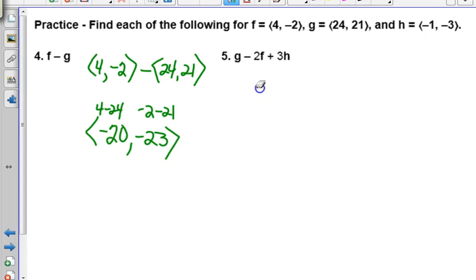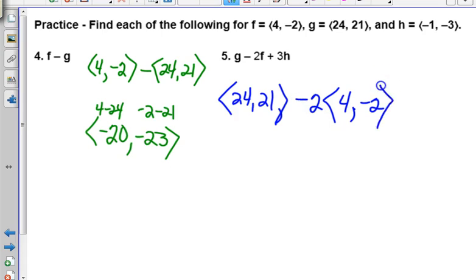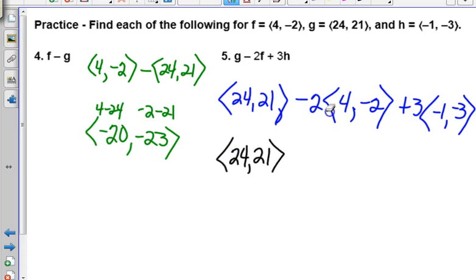All right. G is 24, 21 minus 2 times f, which is 4, -2 plus 3 times h, which is -1, -3. Just to make my life a little easier, I'm going to do the multiplication first. So this one is twice as long. So it's 8, -4.